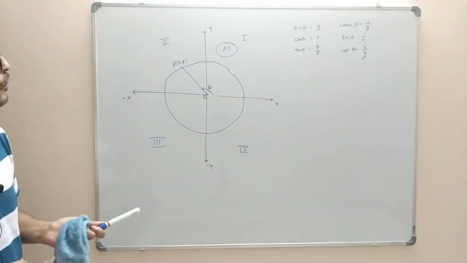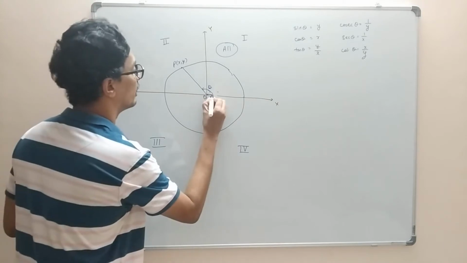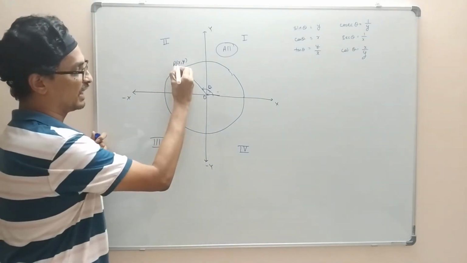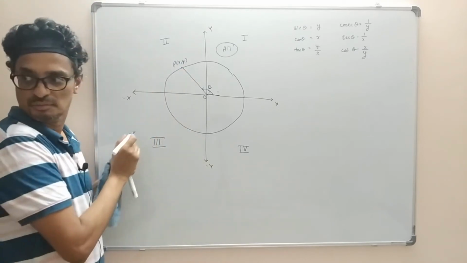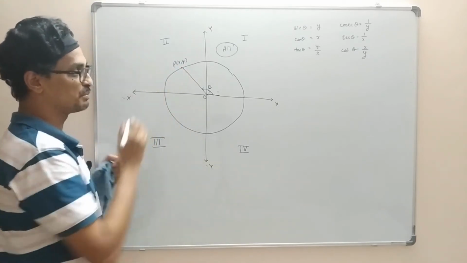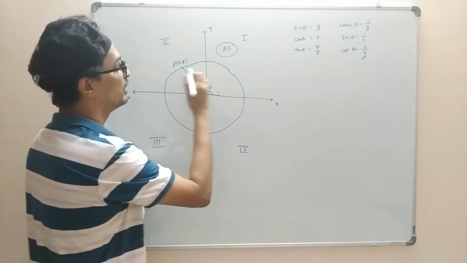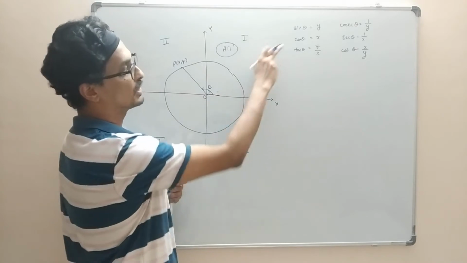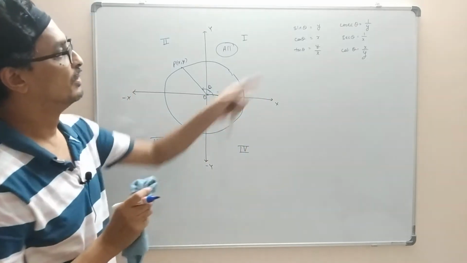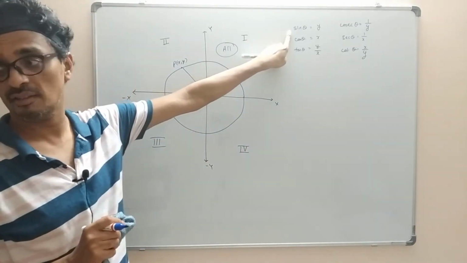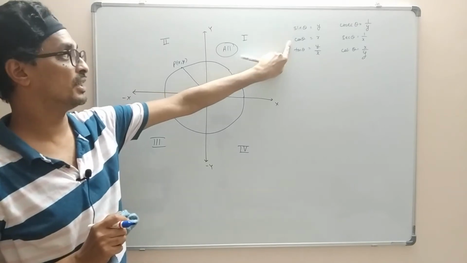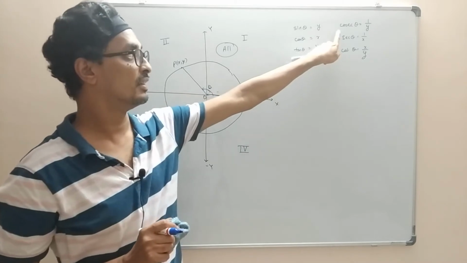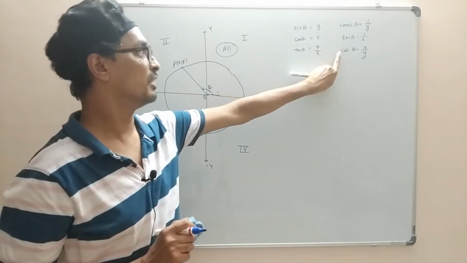For this angle, your x will be negative, because this is the negative axis, but y is positive. So when x is negative and y positive, will sin theta be positive or negative? Positive. Cos theta? Negative. Tan theta? Negative. Cosec? Positive. Sec? Negative. And cot also negative.